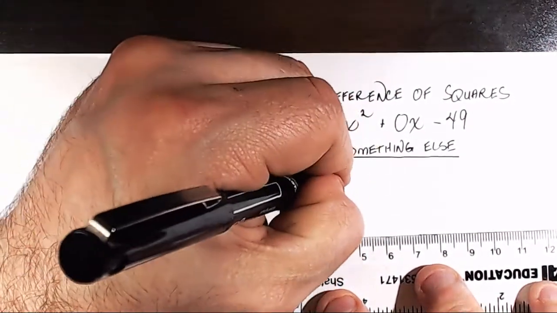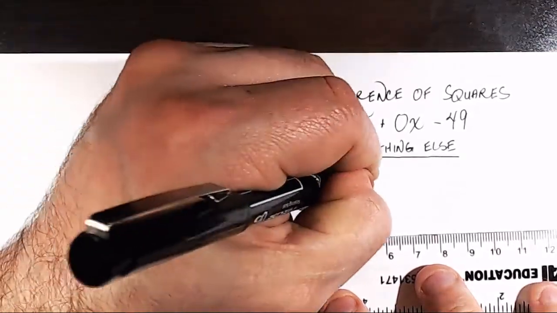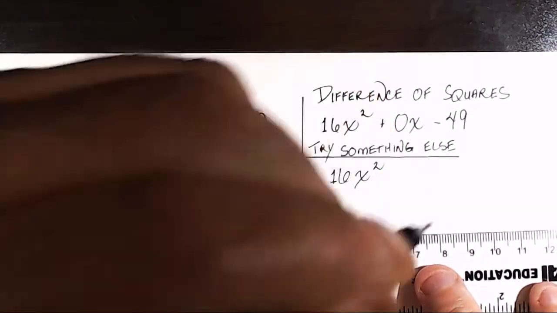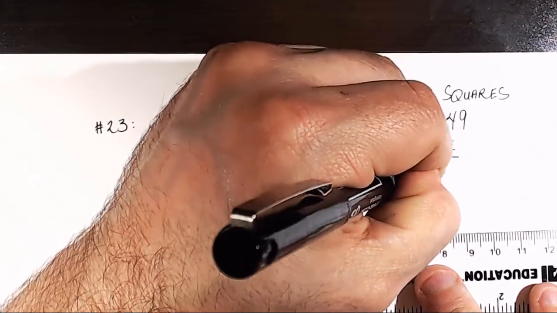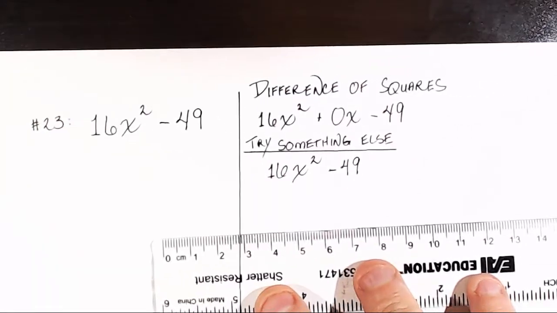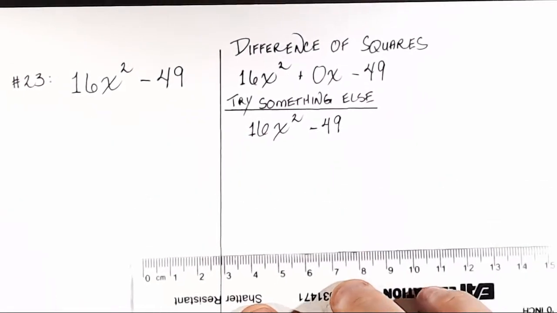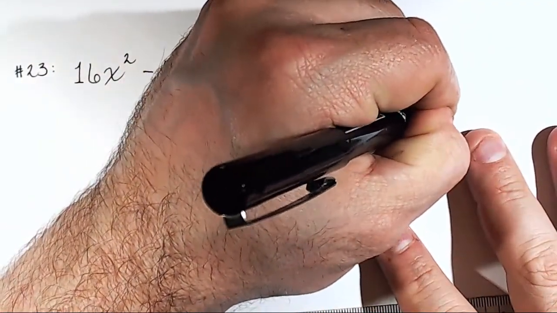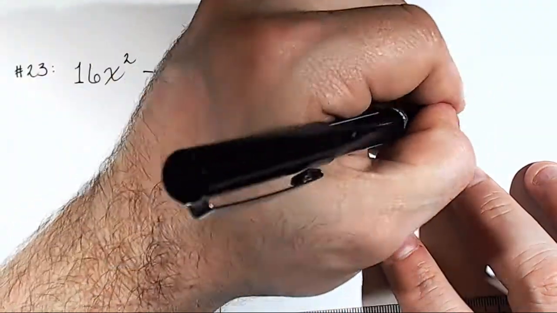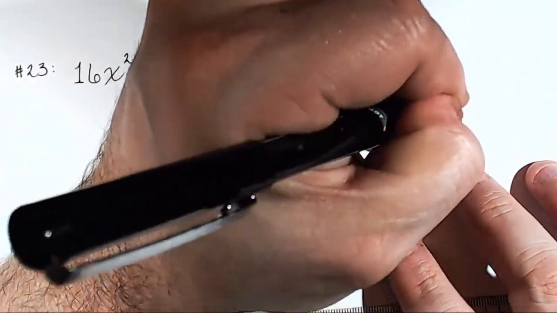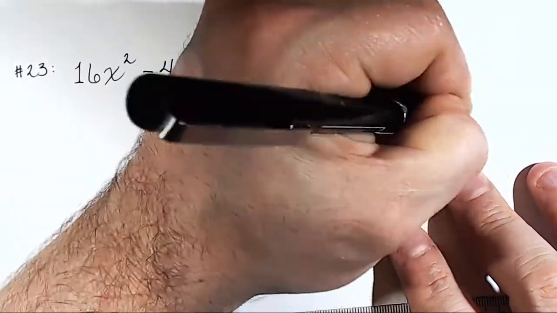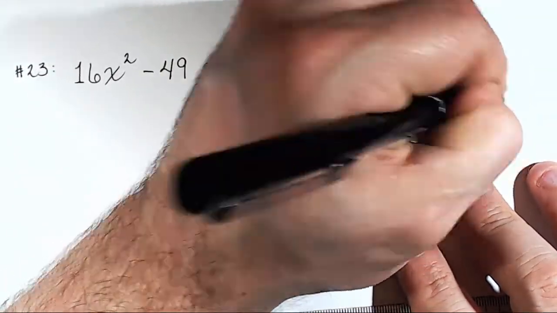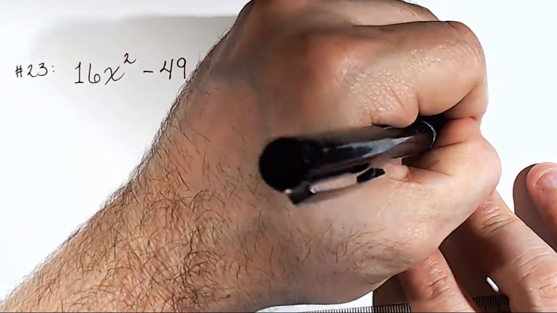Okay, let's take our expression again. 16x squared minus 49. Okay, let's notice a couple of things. Notice everything is a square. 16 equals 4 squared. Well, you could say plus or minus 4 squared.